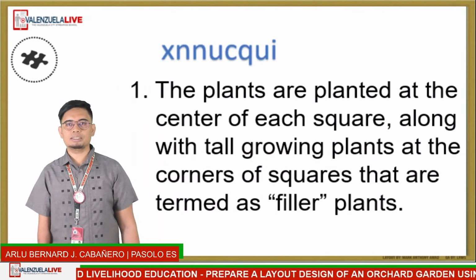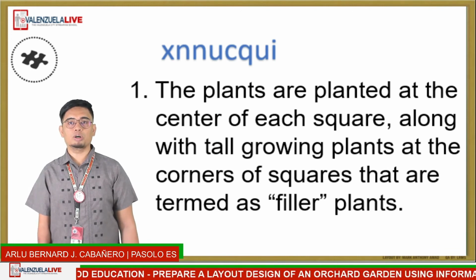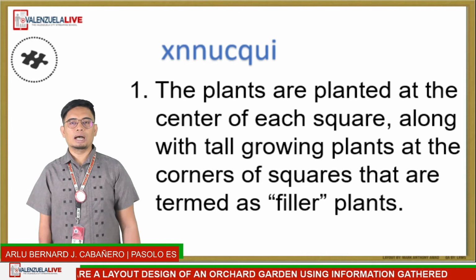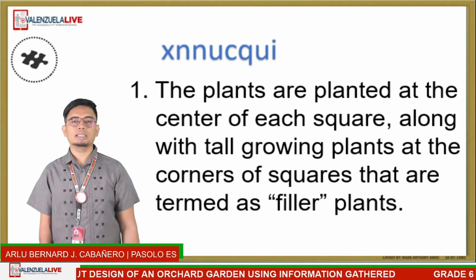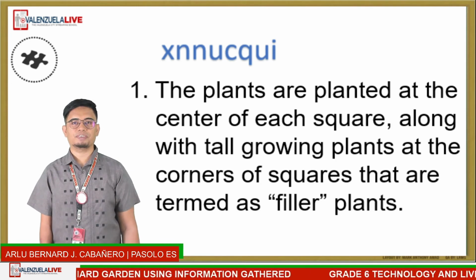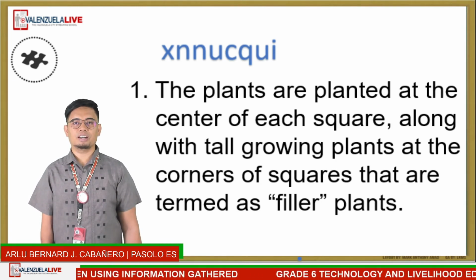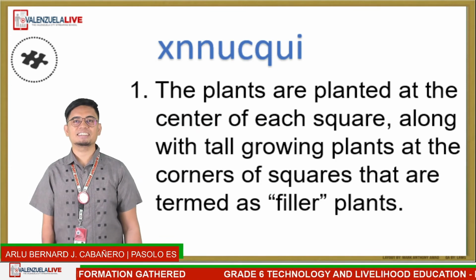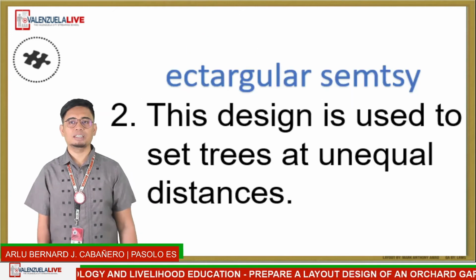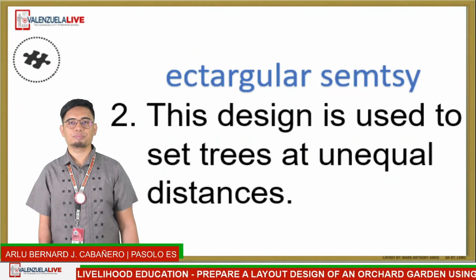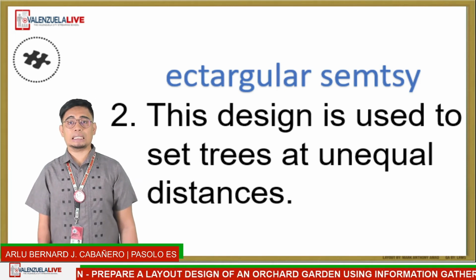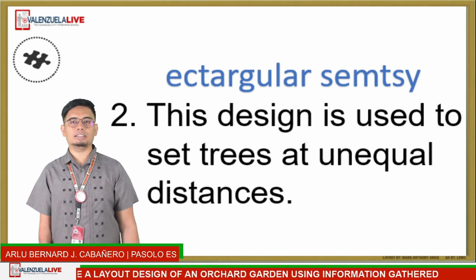The plants are planted at the center of each square along with tall growing plants at the corners of squares that are termed as pillar plants. The correct answer is quincunx system. Number 2. This design is used to set trees at unequal distances.